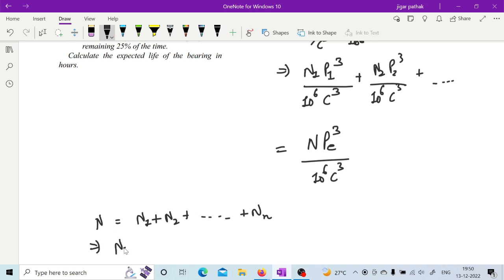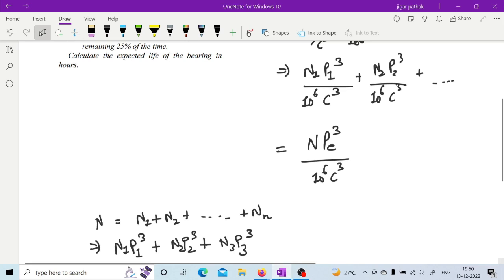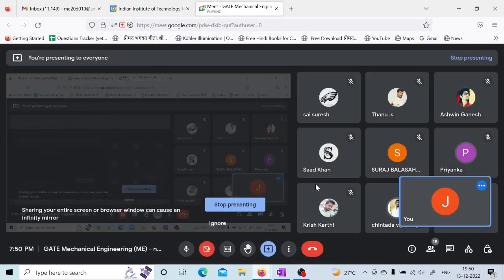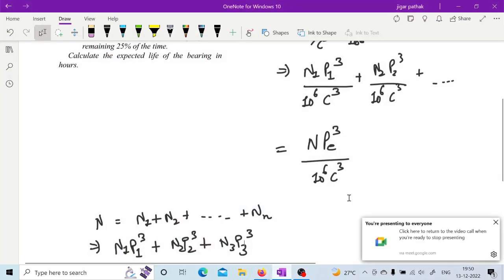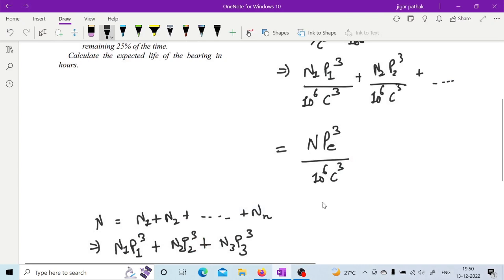If that cancels out, what we are left with is n1 P1 cubed plus n2 P2 cubed plus n3 P3 cubed, which can then be equated to n Pe cubed.